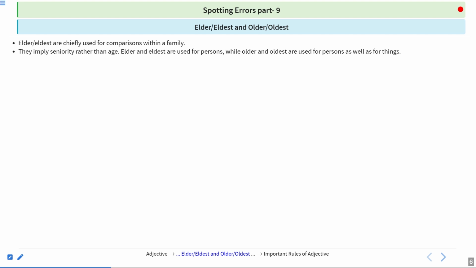Elder and eldest are used for persons, while older and oldest are used for persons as well as for things. Elder is not used with than, it takes to. So while using elder, we do not use than to form a comparison, but we use to with it. And older and oldest are used for age.